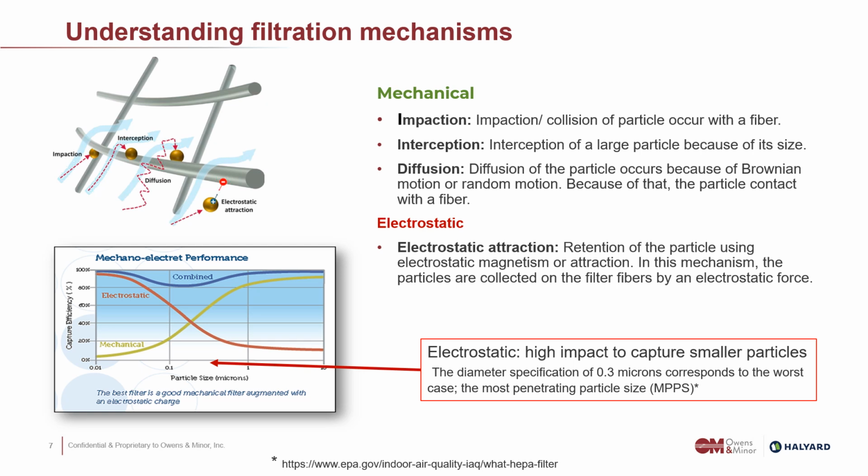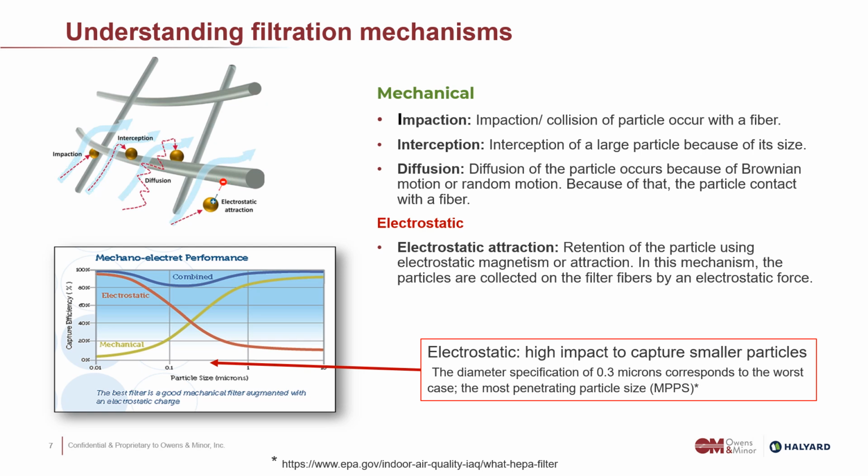It's going to hit the fiber and it's not able to come through anymore. You have there impaction, interception, diffusion. Those are the 3 ways that packaging material will, from a mechanical point of view, block the bacteria.